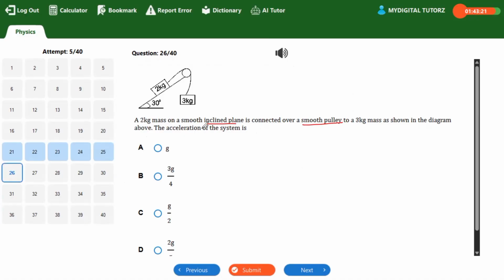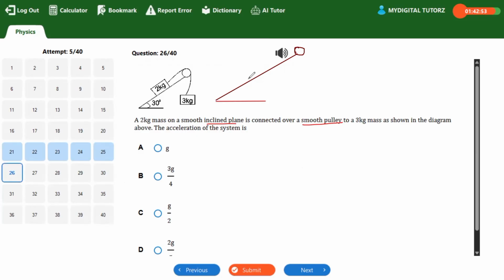Exactly. So when you have this system, you can redraw it for a better analysis. Here we have, this is the horizontal floor, and this is the inclined plane. And the body, there is a pulley system here.